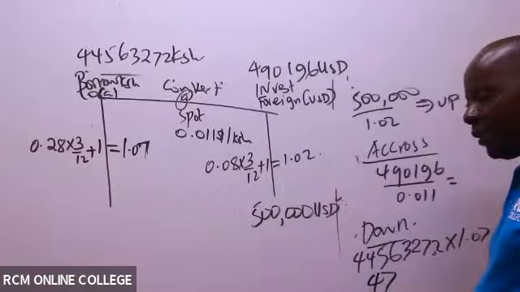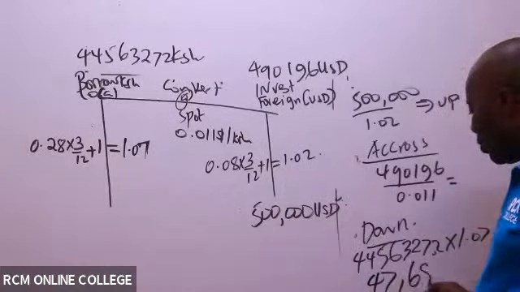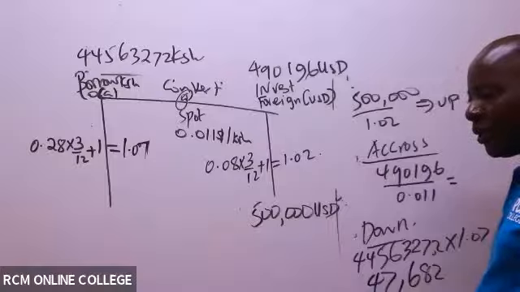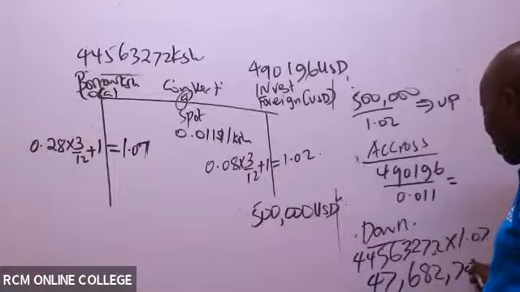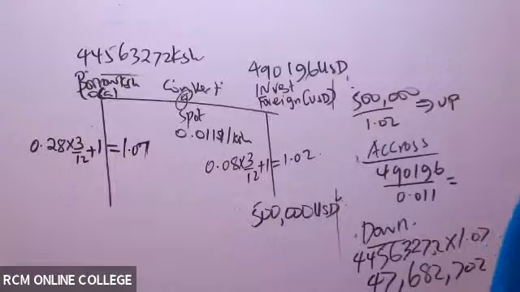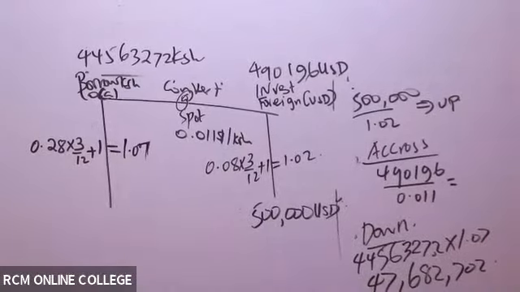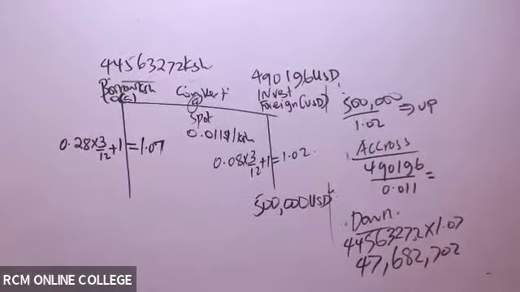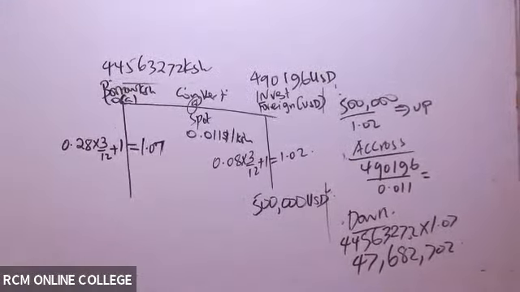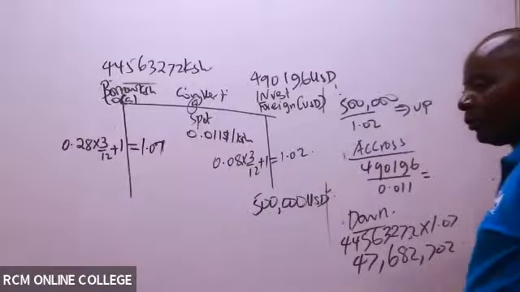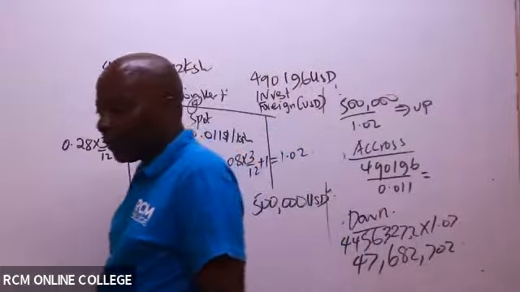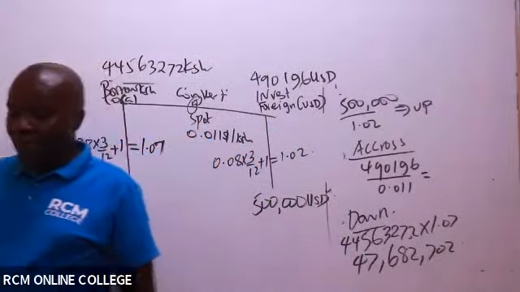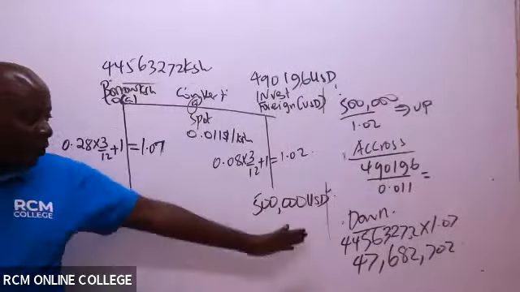So we have here 47,682,702 Kenya shillings. And that is the final answer.